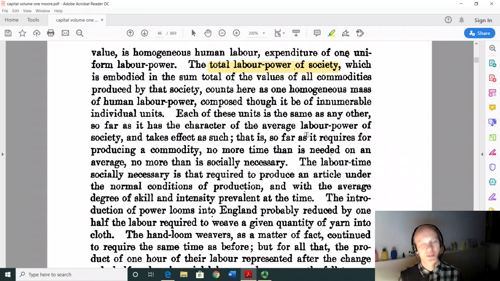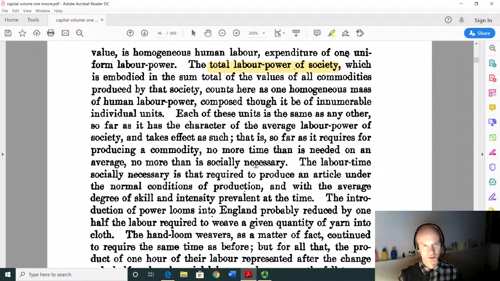So irrespective of what every individual needs, what matters is how much time on average all individuals in society that work on this particular commodity, let's say tables, need. All the people in society who make tables all need slightly different amounts of time to make a table, but the value of a table would be determined by the average of that kind of time.